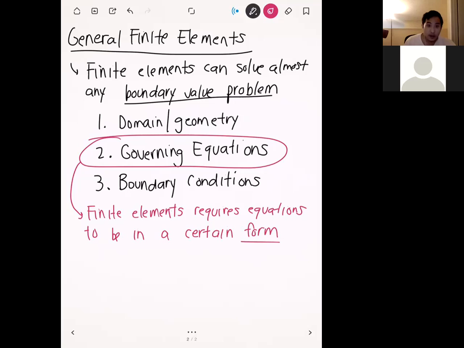Okay. And so the subject for today's lecture and on Monday is this idea of two different forms for a differential equation. On the one hand, we'll have a form called the strong form. Okay. And on the other hand, we'll have the same problem, but we'll formulate it in a different way called the weak form.